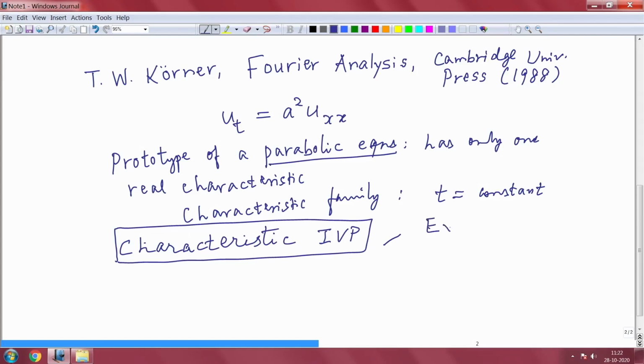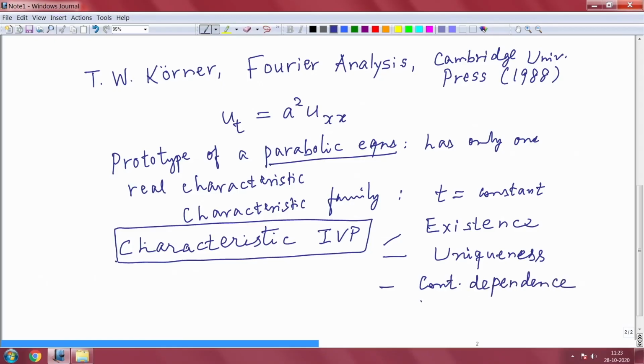There are three things we should be interested in: existence of a solution, and then uniqueness, which is again important as far as the physics is concerned, and then the continuous dependence on the initial value.